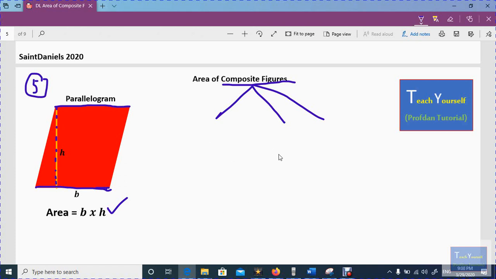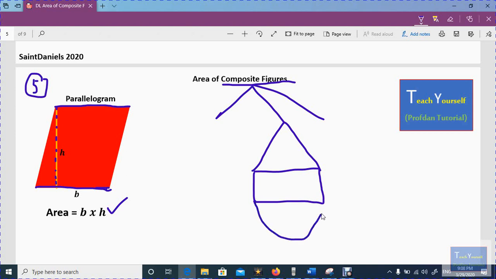For example, we can have a figure comprising a rectangle, a triangle, and even a semicircle. So this is one figure comprising three different shapes: a triangle, a rectangle, and a semicircle.